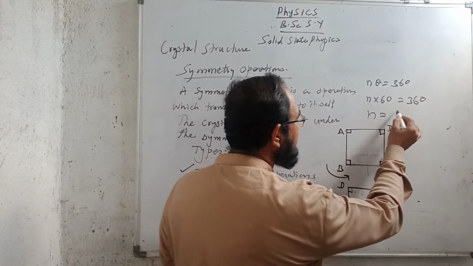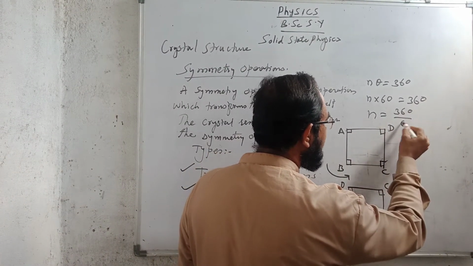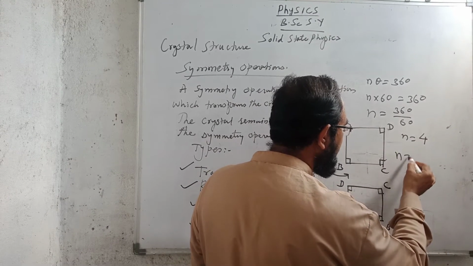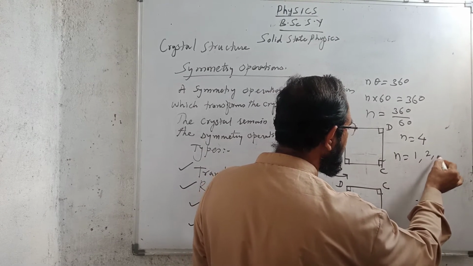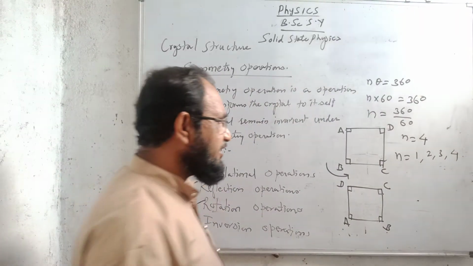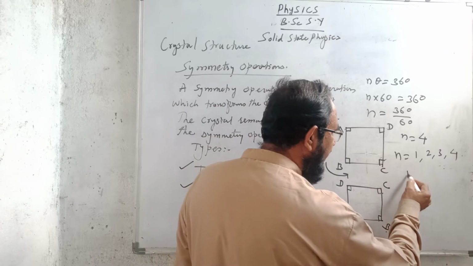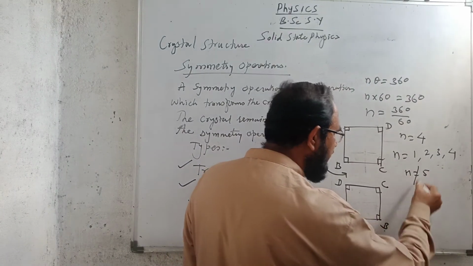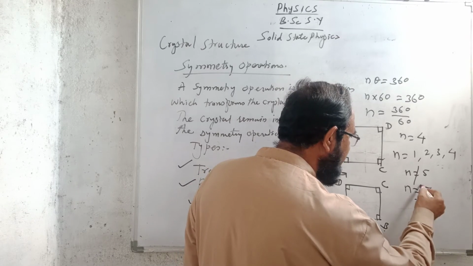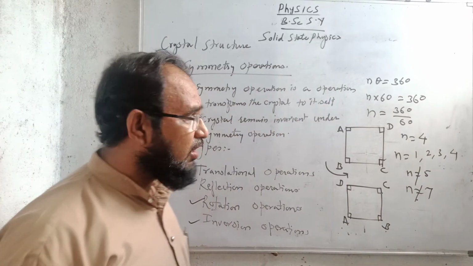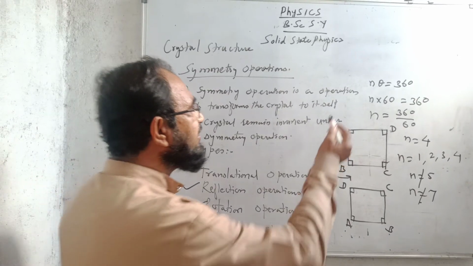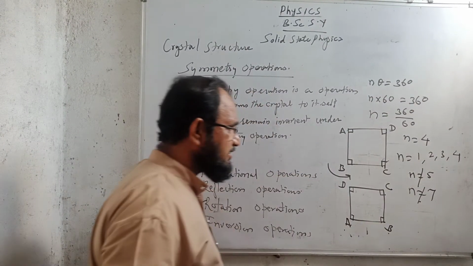The value of n is 360 upon 90, so we get n as 4, meaning the number of rotations is 1, 2, 3 and 4. So in a two-dimensional lattice, n equal to 5 is not allowed, and n equal to 7 is also not allowed. In general, we can say that n theta is equal to 360 degrees.